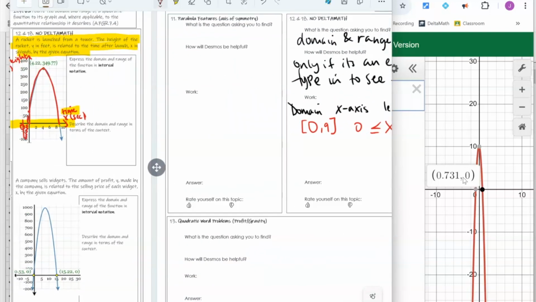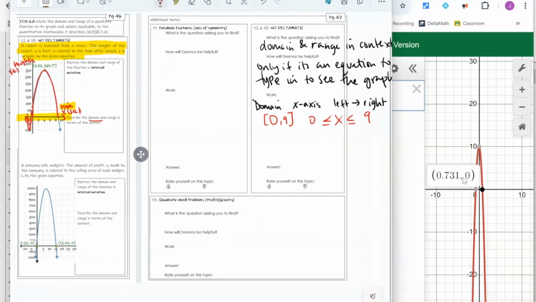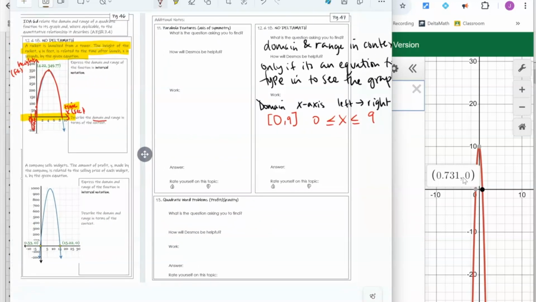Describe what domain means in the context of this problem. So I go from 0 to 9 seconds, but what does that mean? That means the rocket started traveling. The rocket was launched at 0 seconds, and then it landed on the ground at 9 seconds. And you're writing some kind of sentence that says that. Please make sure, because it's domain, that you're using time.